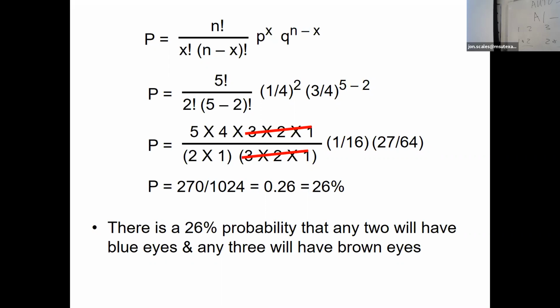Right? Let's see if that's true. One, 2, 3, 4, 5, 6, 7, 8, 9, 10. Holy shit, it's true. There are 10 different ways to do 5 things.